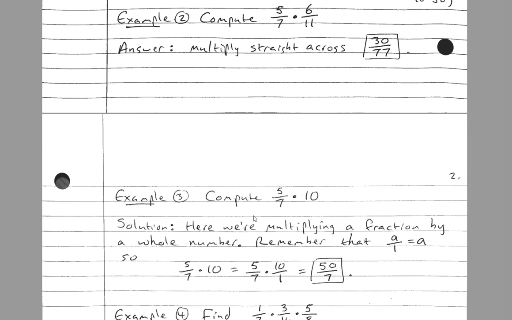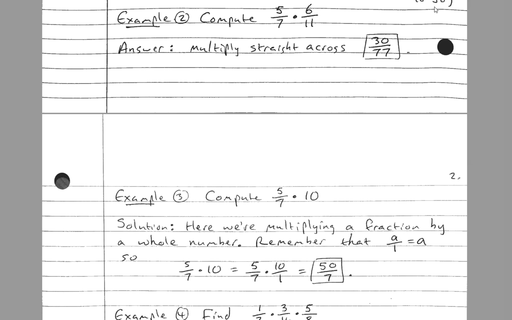Any other tricks we need? Here we're multiplying 5/7 by a whole number, 10. So how does that work? Is it 50 over 70? No, so just remember that any whole number, you can make it into a fraction. Just put it over 1.